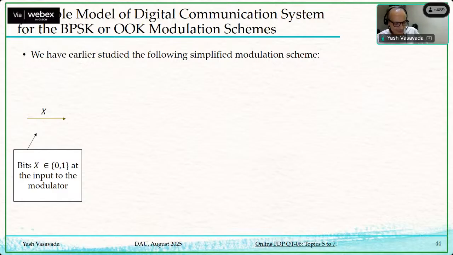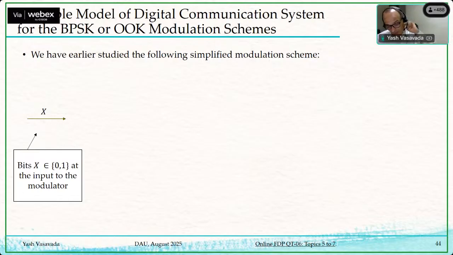Okay, so as we said, the phone gets zeros and ones. Those zeros and ones flow through maybe the source encoding block, which is the Lempel-Ziv coding or Huffman coding. And then those bits go to channel encoding.